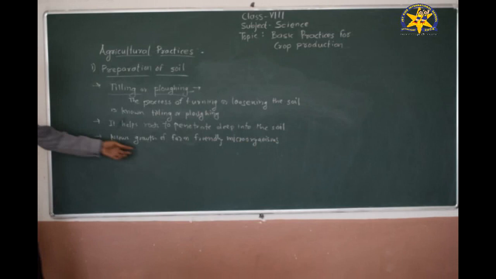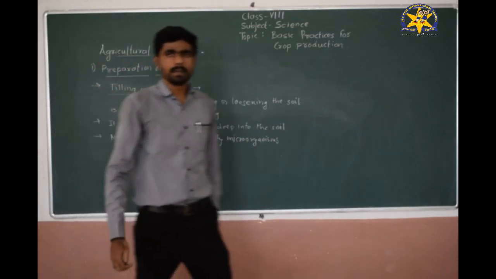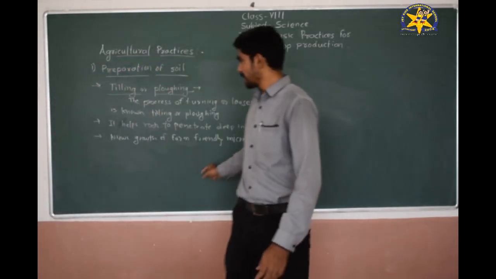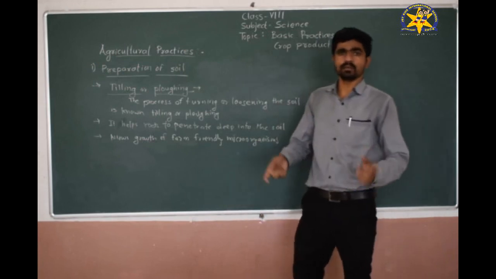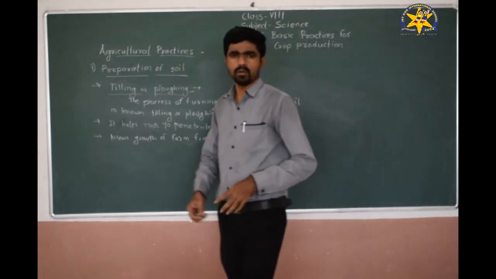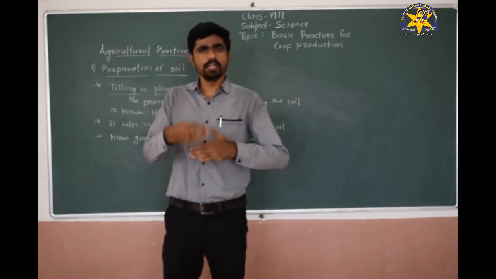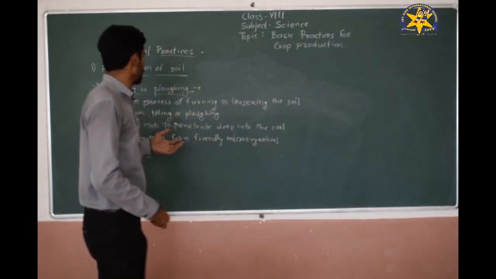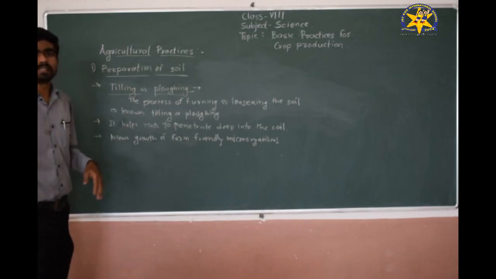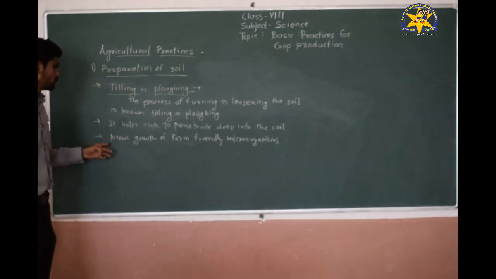Okay, so it allows growth of farm-friendly microorganisms. Then, due to these microorganisms, the nutrient level is also maintained. So nutrients are now available in more amount to the crop that we are going to have in that soil. So this is an advantage.